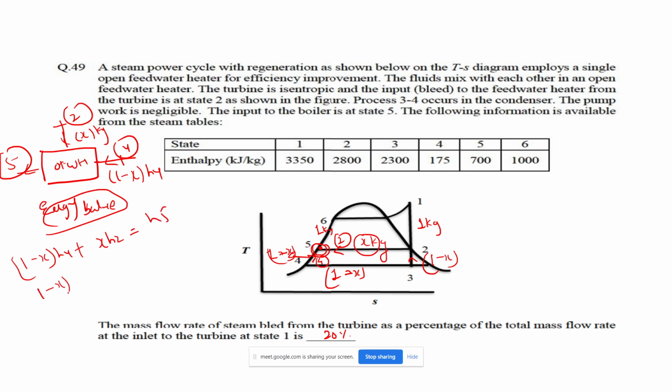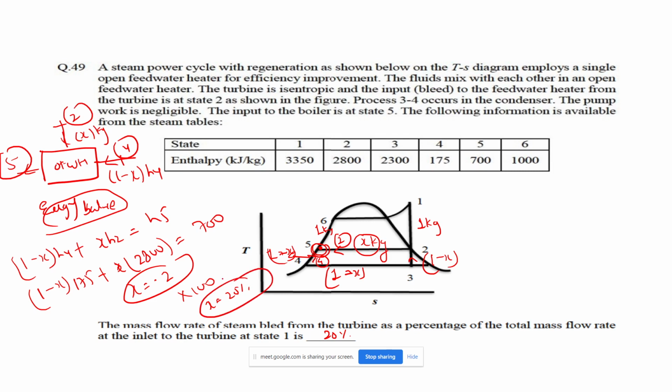What is the value of h4? 175, plus x, which we don't know, into h2, 2800, equals h5, 700. When you calculate, you will get x as 0.2, and they have asked in percentage, so multiply by 100 and you get 20%.